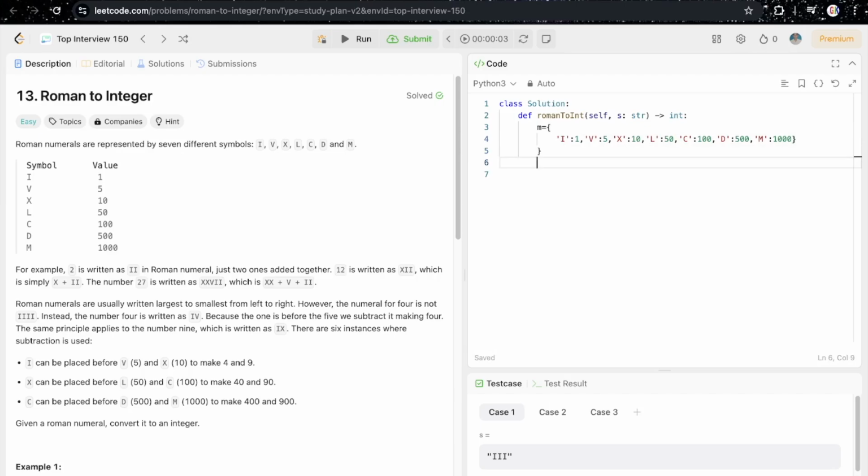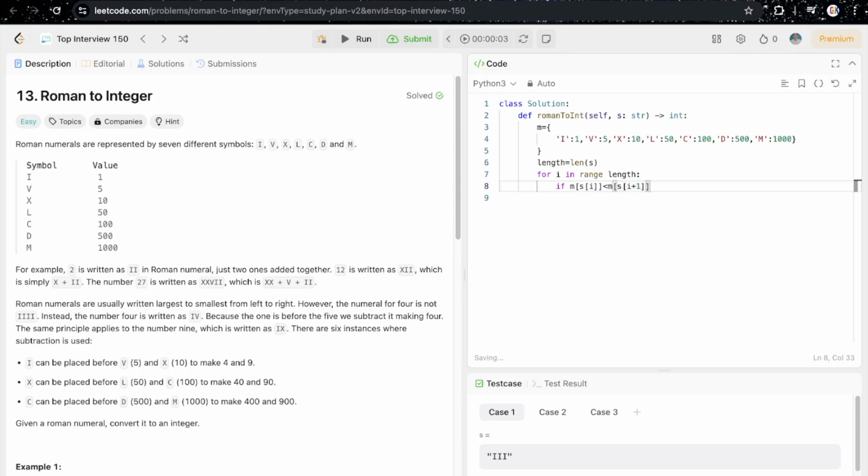Now we will traverse the string. I take the length at first: length of the string equal to length of s. Now traverse for i in range length. First we have to check the left side: if the left side value is smaller than the right side, so if m of s[i] is less than m of s[i+1], then we will subtract m of s[i].